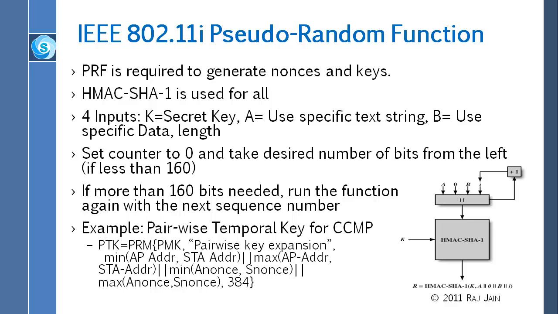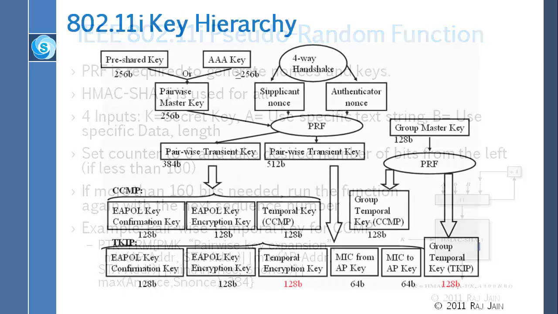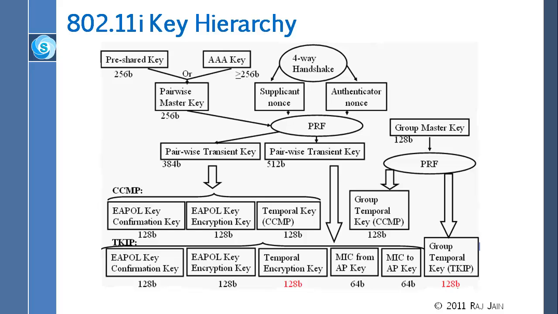So suppose you want to get PTK, and we use PRF for that. If you go back again to this picture, we are getting the PTK here for CCMP. We are using PRF. So this is the data which is specific to this use of PRF.